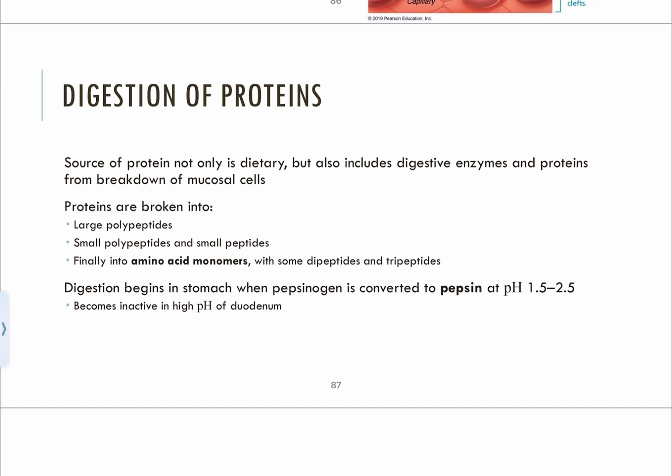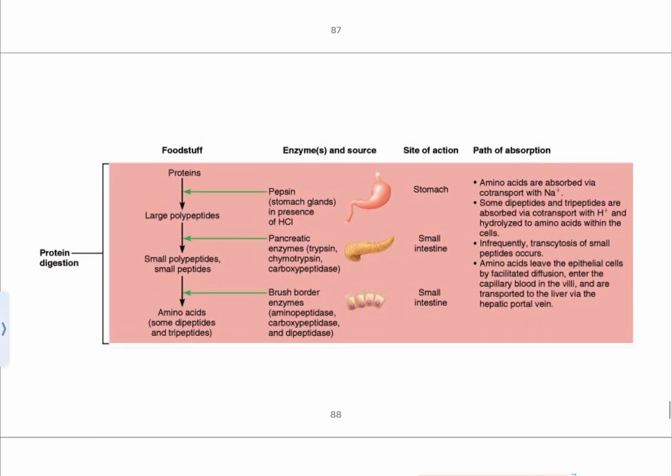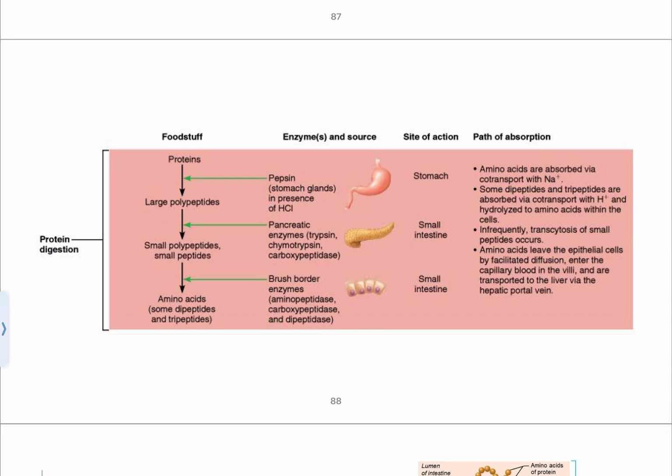If you remember back to our digestive system, protein digestion begins in the stomach once we're able to get the active form of our enzyme required to break them down. So once we convert pepsinogen into pepsin via the hydrochloric acid, then we can go in and start protein digestion.